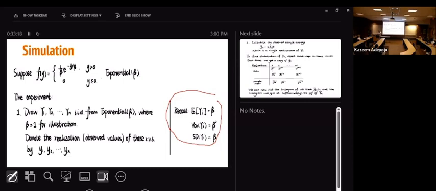I ask that so I can have some reason to trust him. So in a simulation study, we know the truth, but we want to figure out what sample size we need before we can actually recover the truth.